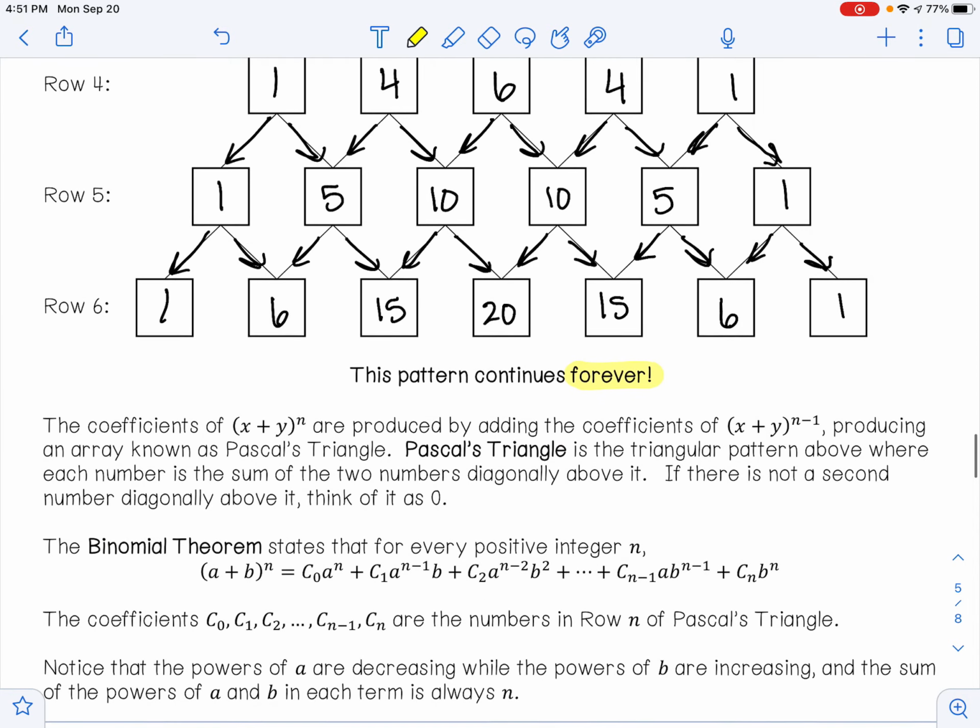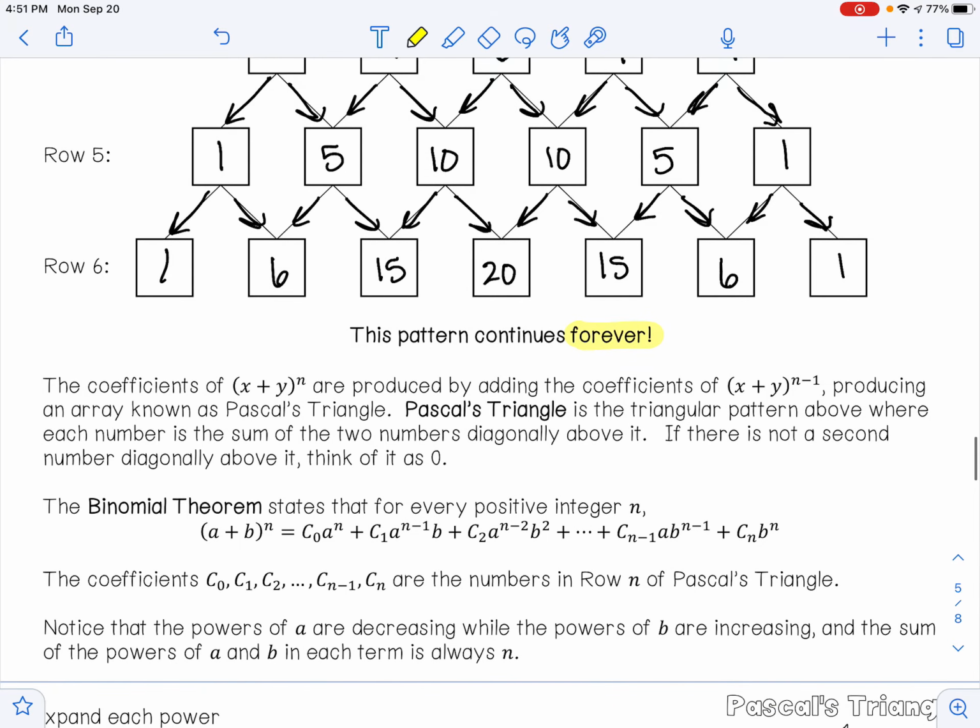And we're doing this using the binomial theorem. So let's read down here. The coefficients of x plus y to the n, so x plus y is a binomial, n is any power that it's raised to, are produced by adding the coefficients of x plus y to the n minus 1 power.